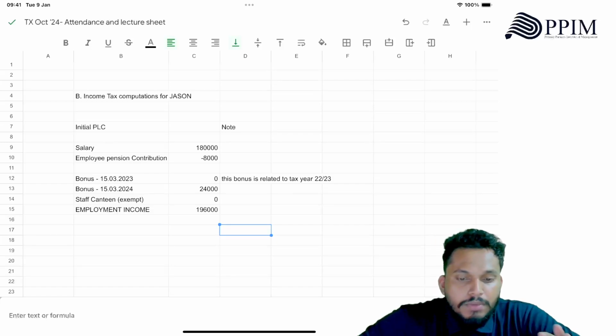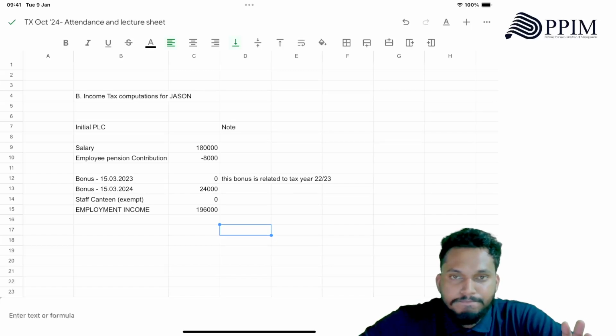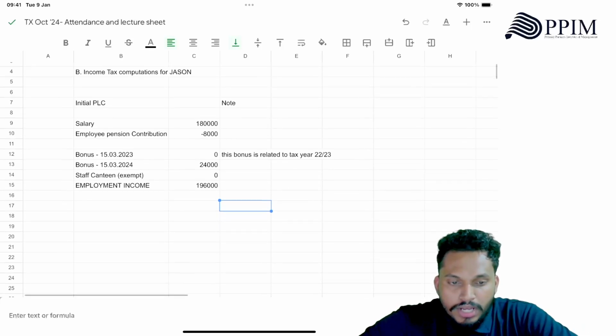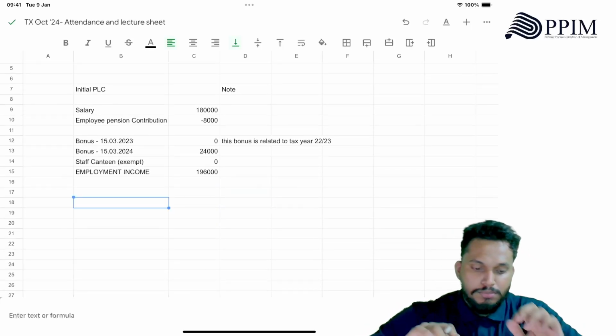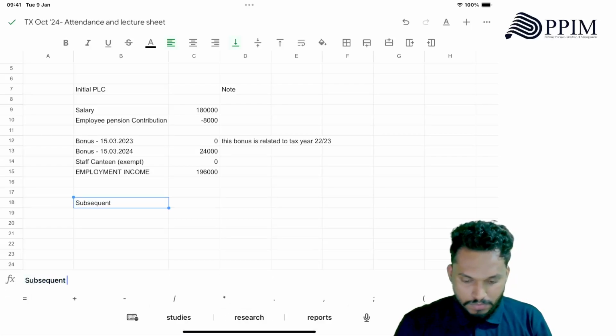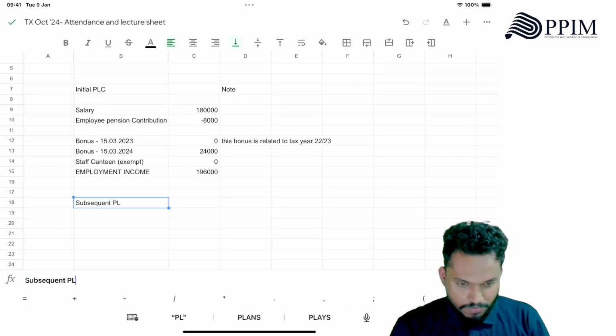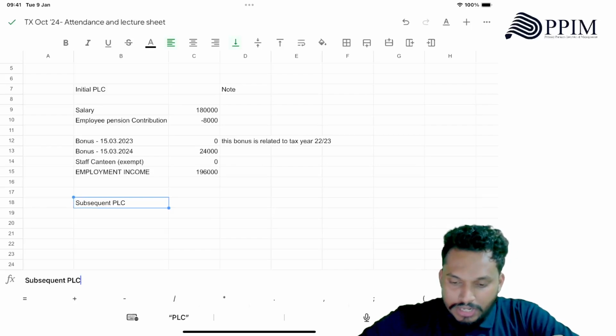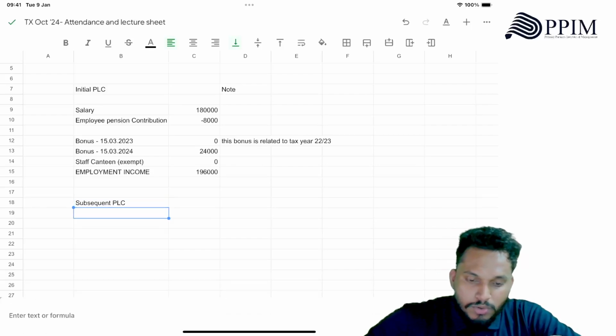Am I done with my answer? No. One part of my computation is done. So now I need to assess Subsequent PLC. So let's see his offers at Subsequent PLC.